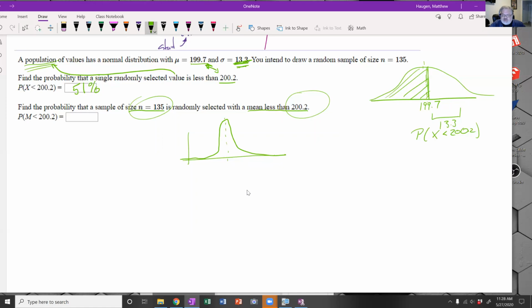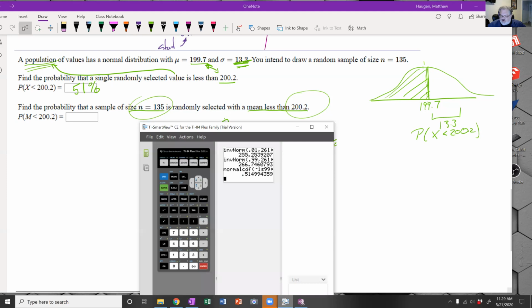The mean is still 199.7, but our standard deviation is going to be a much smaller standard error. Again, how do we find that standard error? Well, we take the standard deviation of the population and divide by the square root of the sample size. So we divide by the square root of 135.